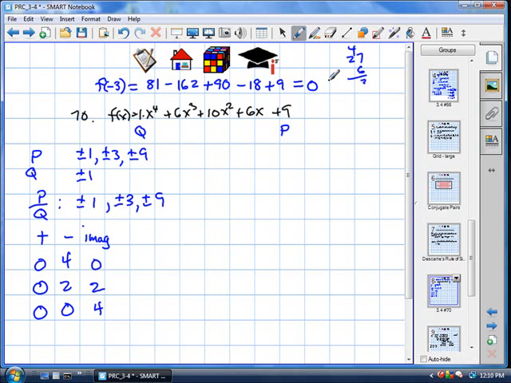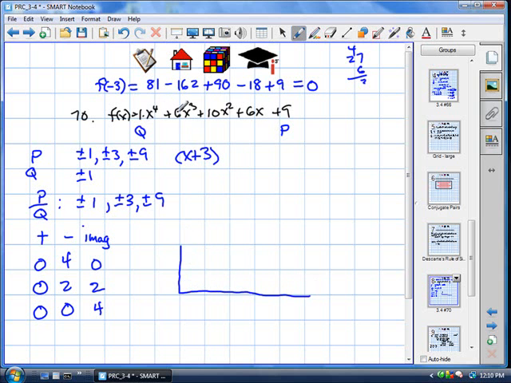And if negative 3 is a solution, what must one of the factors be? X plus 3. Now, I'm running out of space, but let's write that down. All right, now, what's left after I divide in this x plus 3? Well, let's use synthetic division to do that. Okay, so I'm going to set up a synthetic problem down here.